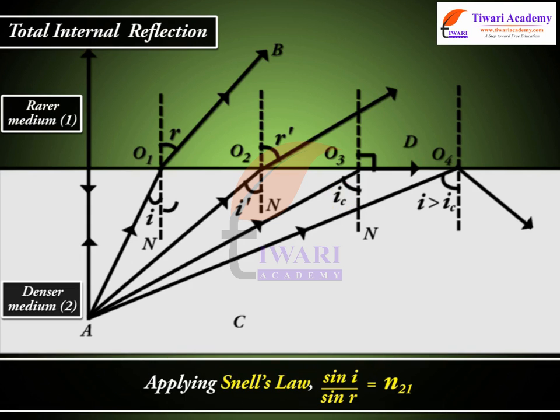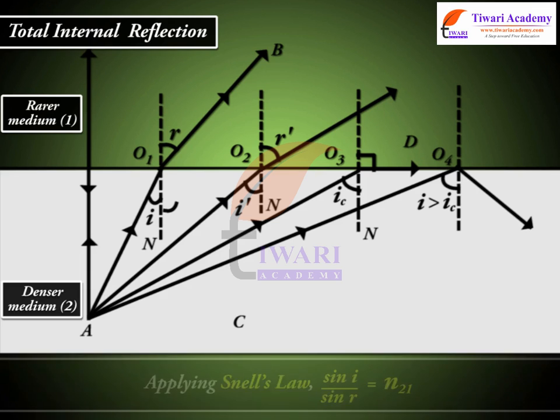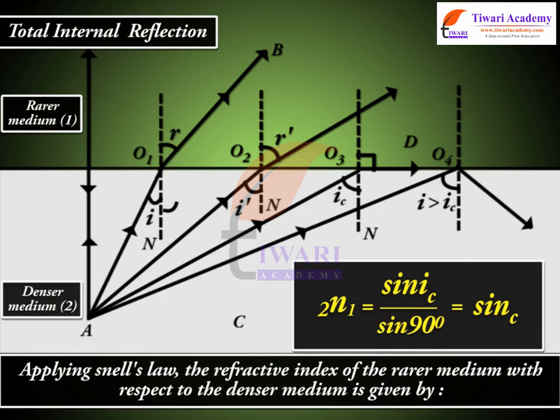Applying Snell's law, sin i by sin r is equal to n21. Applying Snell's law, the refractive index of the rarer medium with respect to the denser medium is given by 2n1 is equal to sin iC upon sin 90 degrees, which is equal to sin iC, because sin 90 degrees is equal to 1.